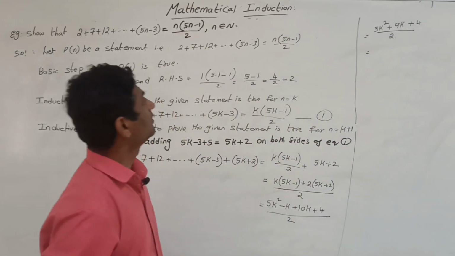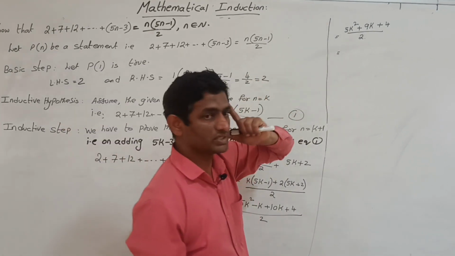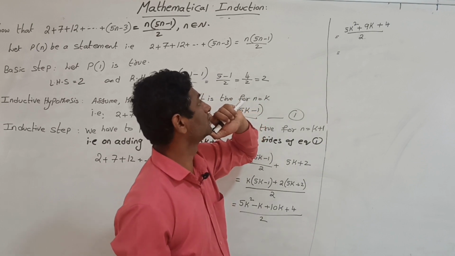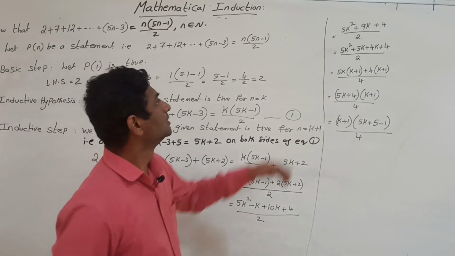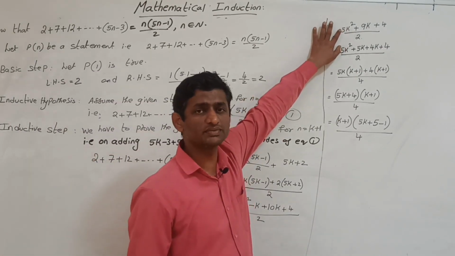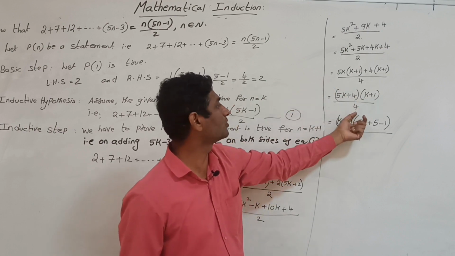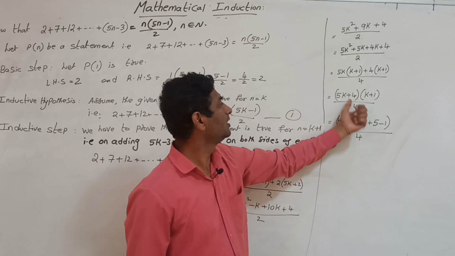Now we can simplify, as the numerator is a quadratic expression. The product should be 20 and the sum should be 9. So we can factorize it as 5k plus 4 into k plus 1 by 2. Now this can be written as k plus 1 into 5k plus 4.